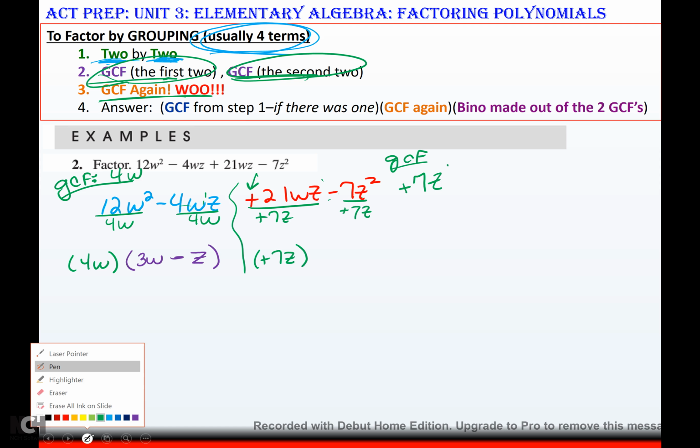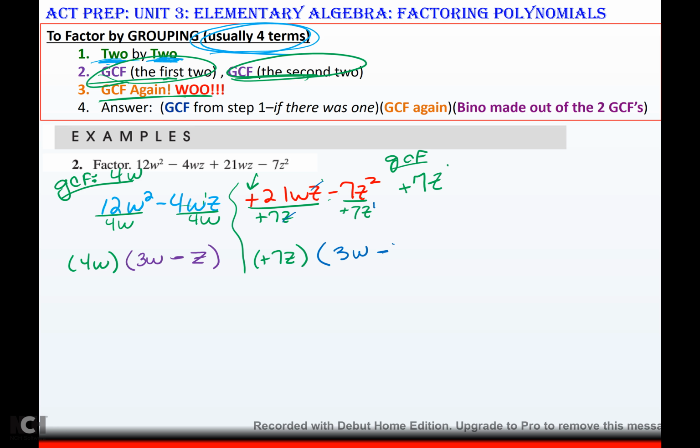And what's left, when I do that, over here on this side, I need to find a color, sorry. Positive 21 divided by positive 7 is positive 3. The z's cancel and I have w. Over here, negative 7 divided by positive 7 is negative 1. z squared divided by z to the first is z to the first.